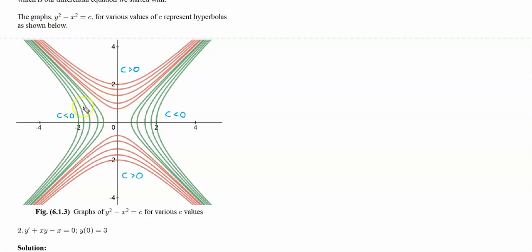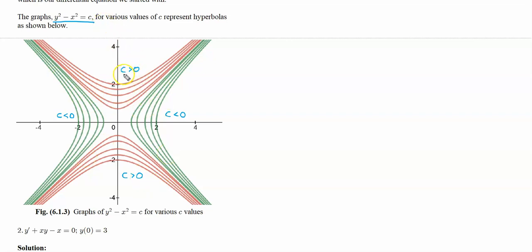Now down here we have the graph of what various solutions to the differential equation would look like. So if we take this equation here, which is our solution, and we put various values in for c and graphed them, this is what they would look like.